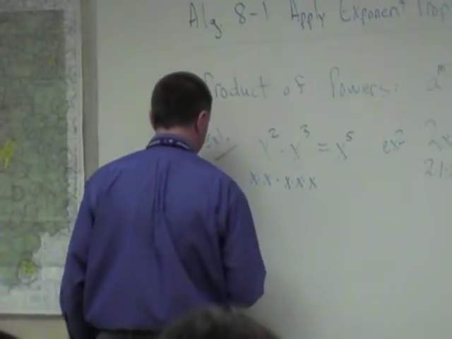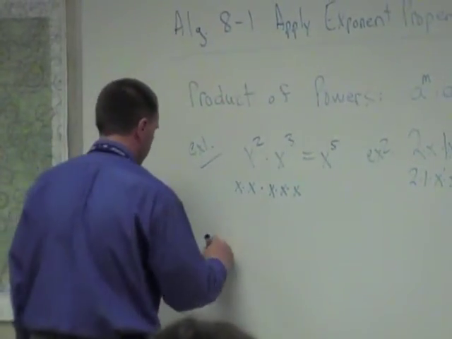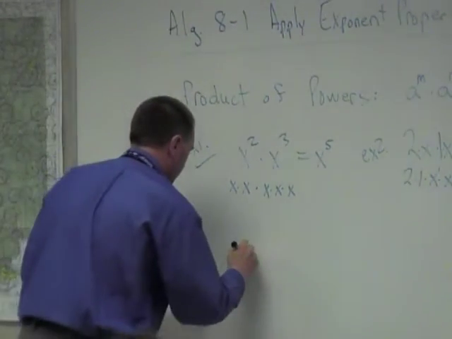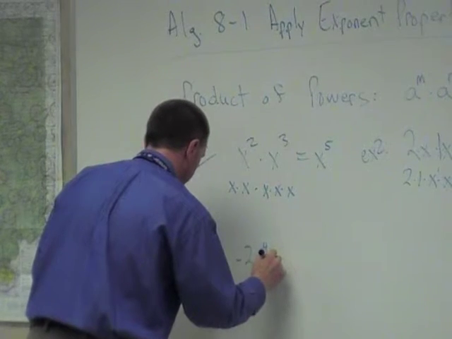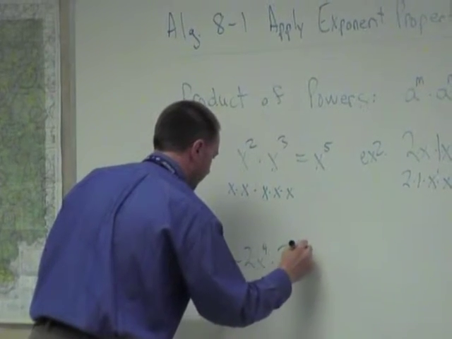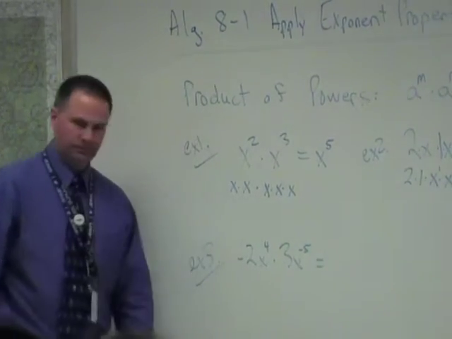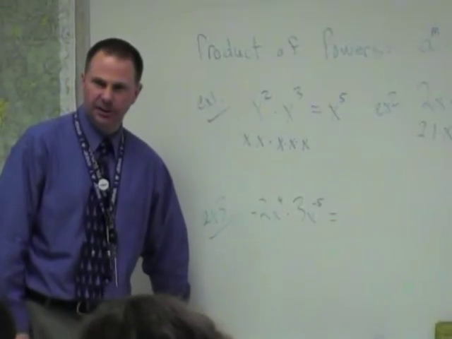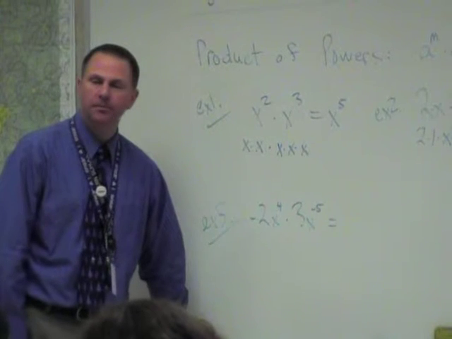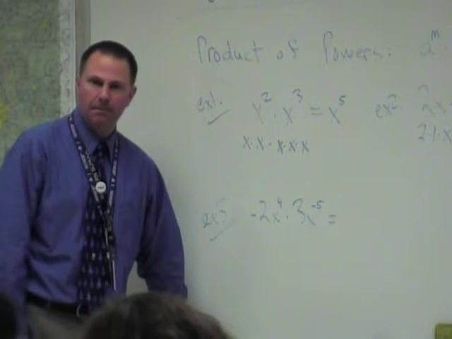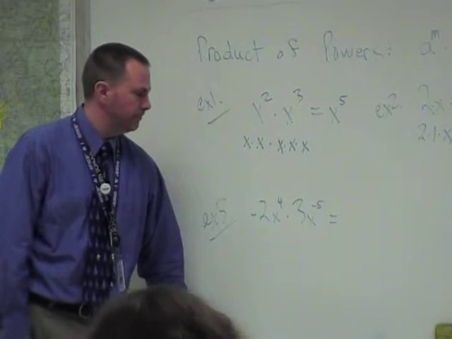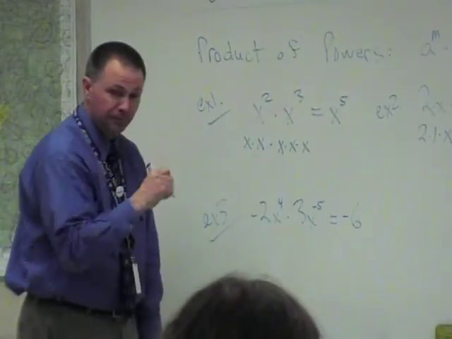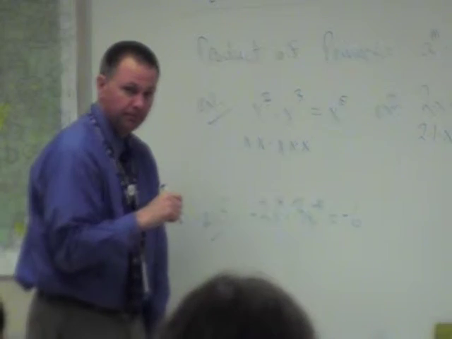Example 3. Let's do a negative 2x to the 4th times 3x to the negative 5. Get a little extra here on this one. Negative 6.